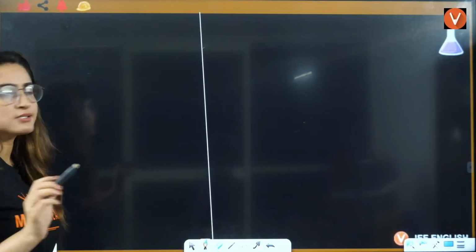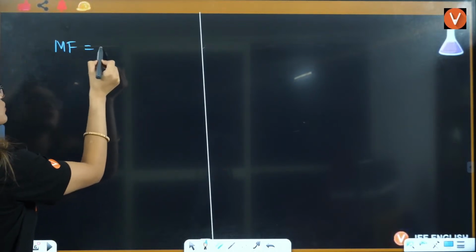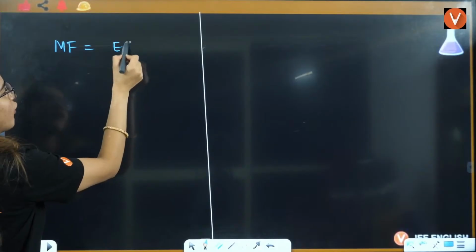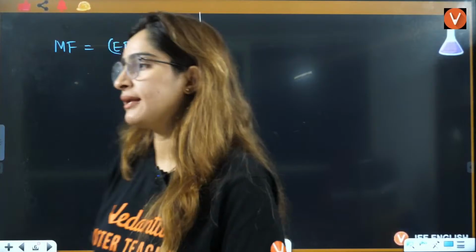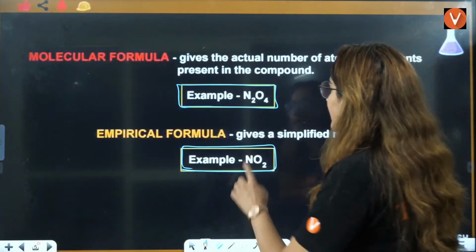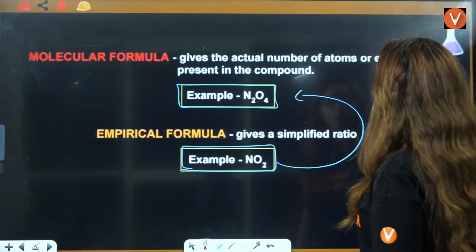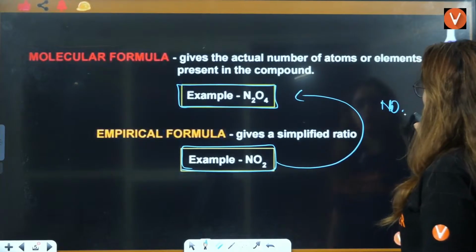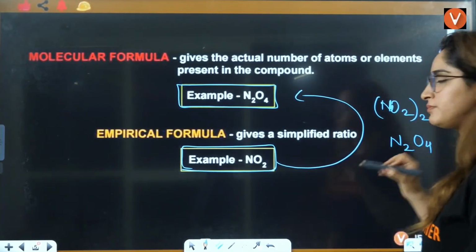First formula is, as we have discussed, molecular formula is equal to empirical formula times N. That means if N is equal to 2, the molecular formula will be NO2 times 2, so it will become N2O4.